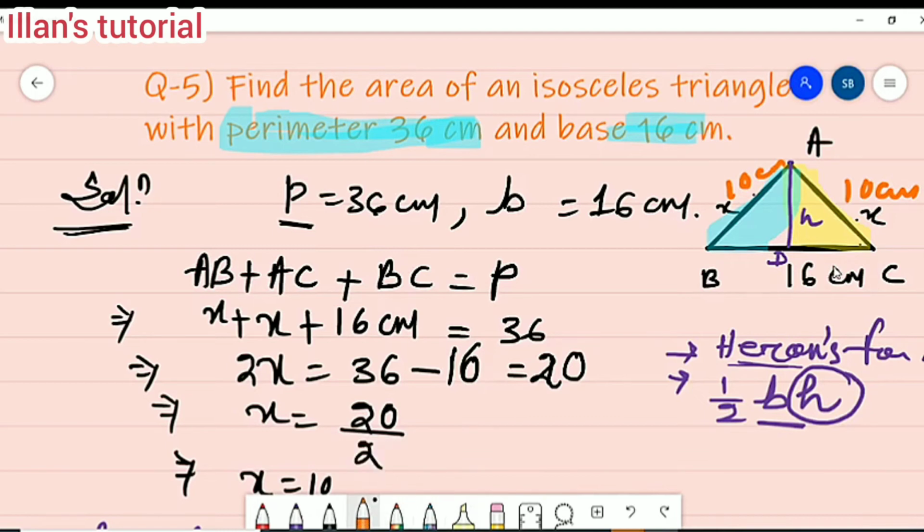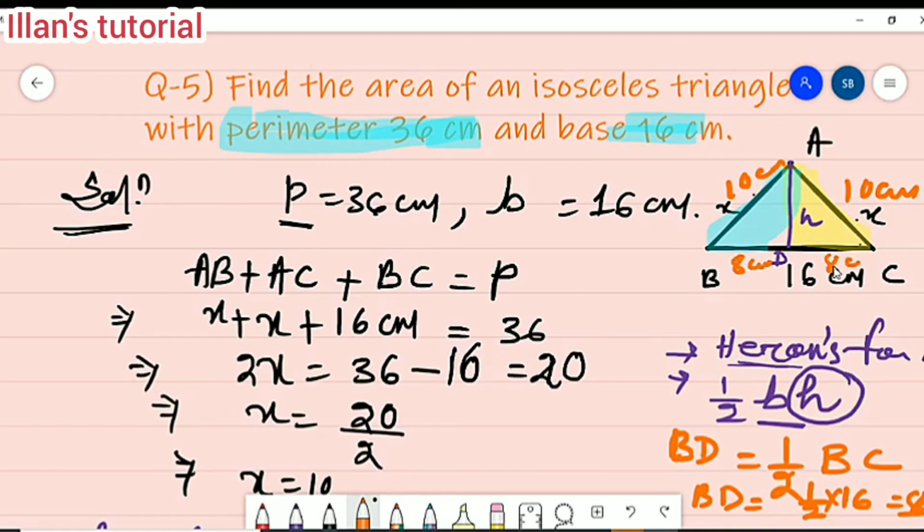BD equals half of BC. BC is 16, so BD will be 8 centimeter. That means this base is 8 centimeter and this is 8 centimeter.